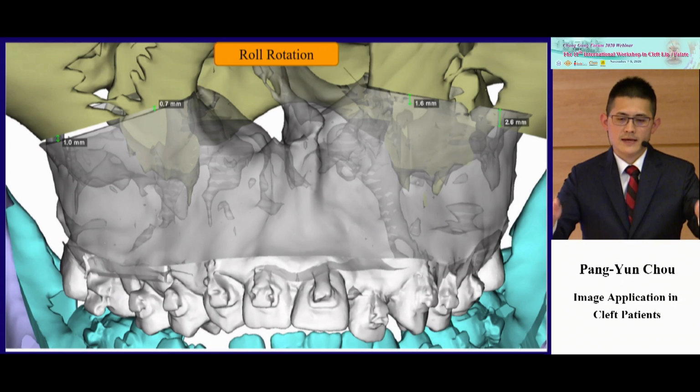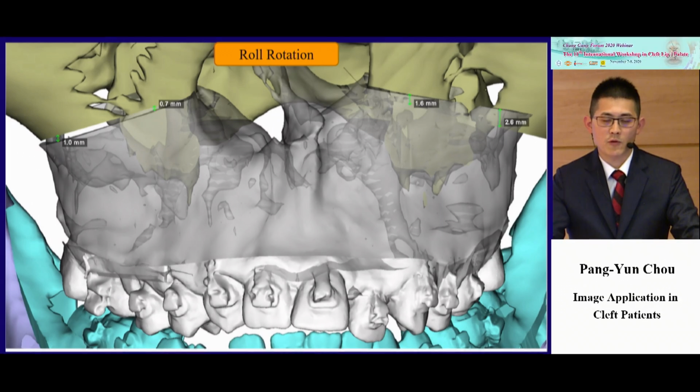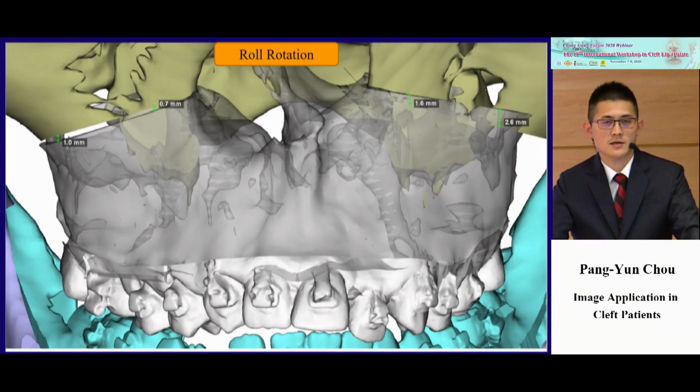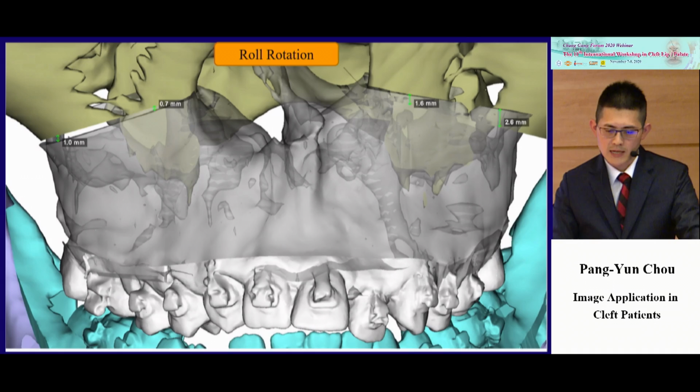And then once you look at the Le Fort 1 area, the roll rotation is designed as well. So you can use the ruler to know the left side intrusion and the right side extrusion, and have a very precise result as well.